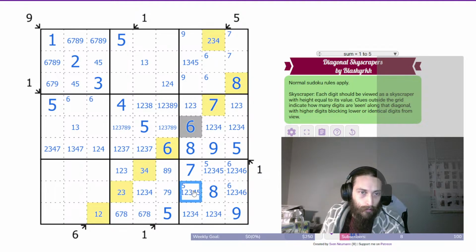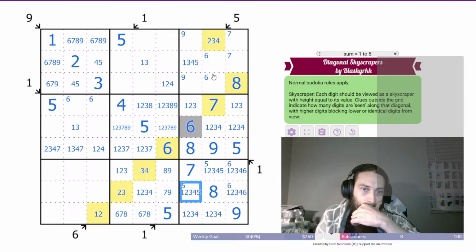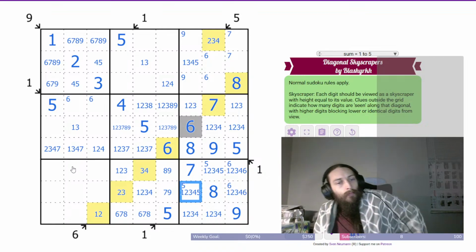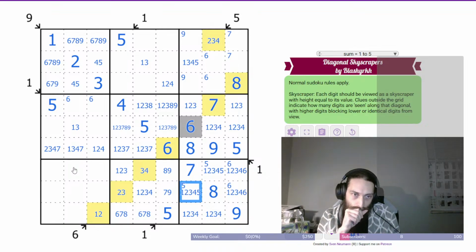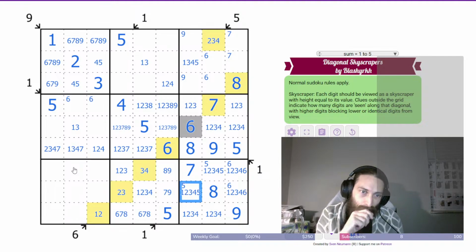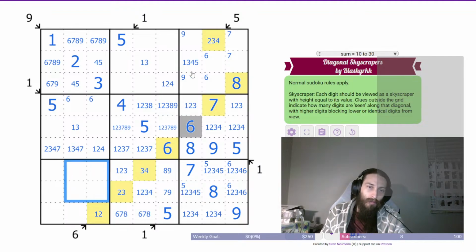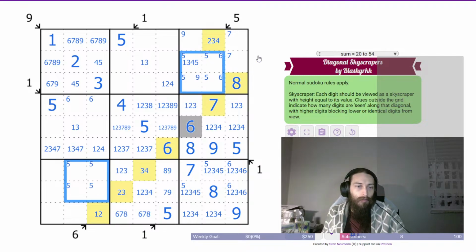And that a 5. Because I've got 5s in these two groups that have to be like that.